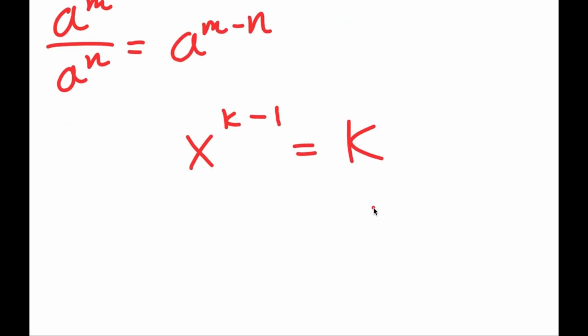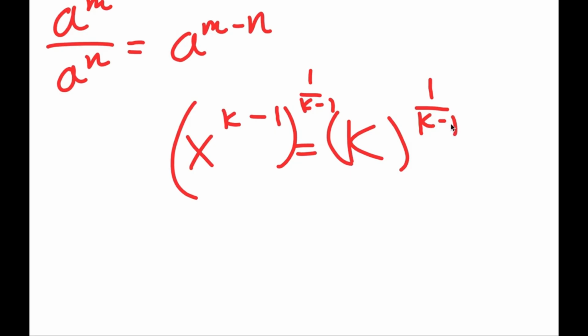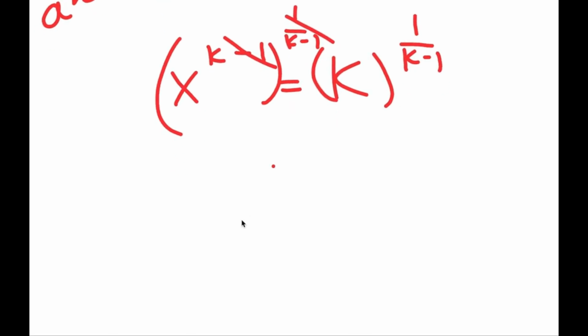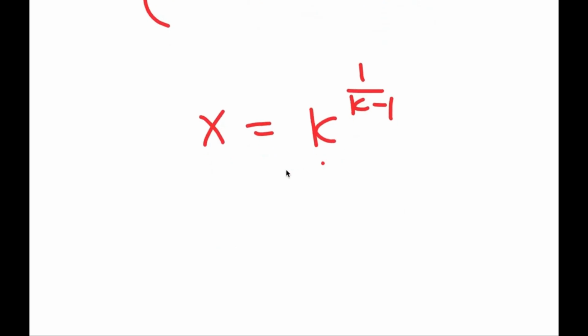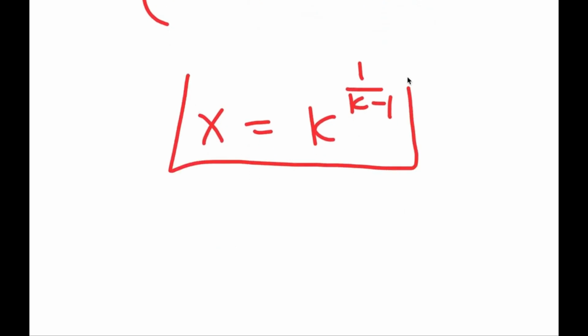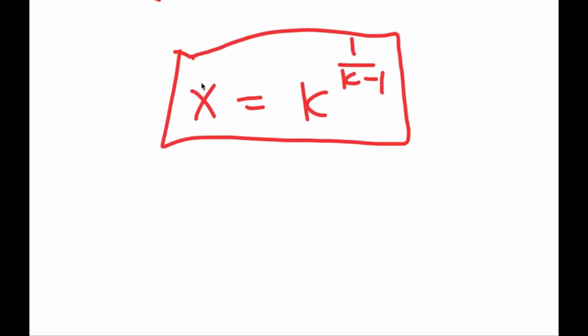And now if I take the power of 1 over k minus 1 on both sides, these two cancel out, and I get x is equal to k to the power of 1 over k minus 1. So this is the value of x. Now remember how y is equal to k times x.